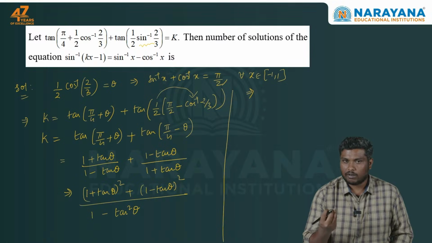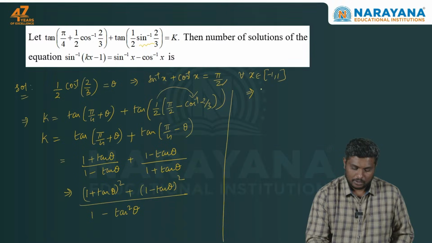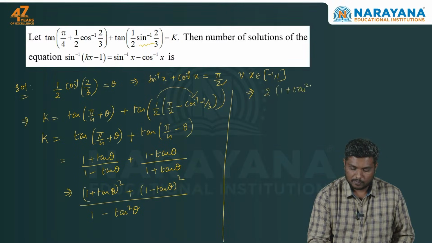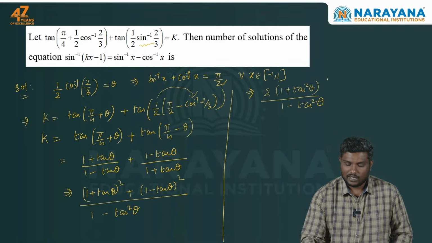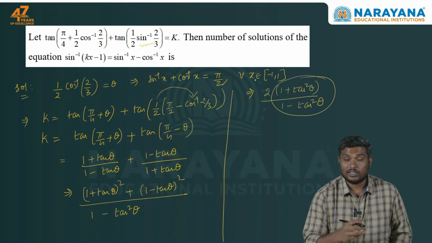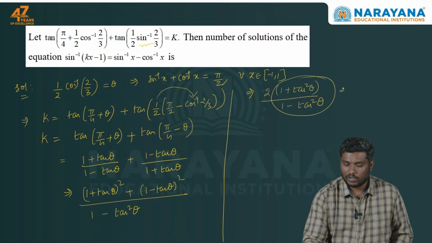Even if it is a matter of seconds, that will give you an advantage in other questions. So this will be 2 into 1 plus tan square theta by 1 minus tan square theta. Once again guys, if you know what is 1 plus tan square, this is further going to save a lot of time for you.